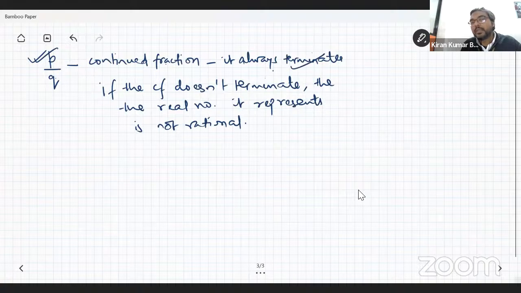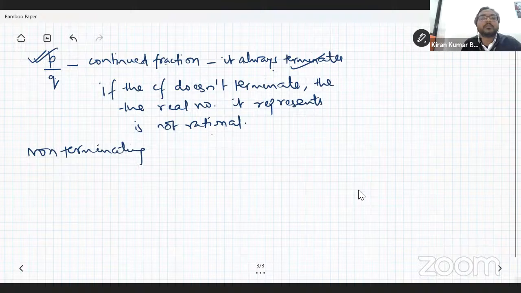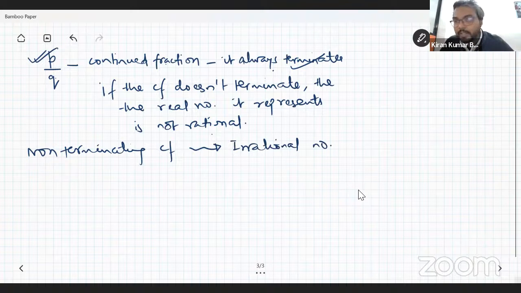If the continued fraction doesn't terminate, it represents an irrational number. So a non-terminating continued fraction will represent an irrational number. So this became a test to check whether a real number is rational or irrational. If you have a continued fraction of natural numbers that doesn't terminate, it always converges to an irrational number.